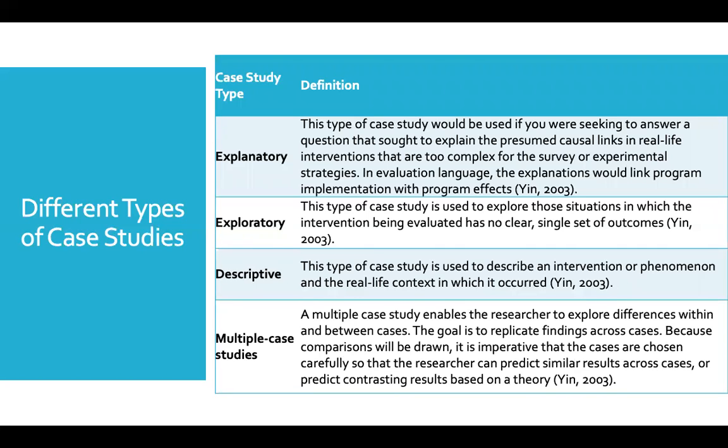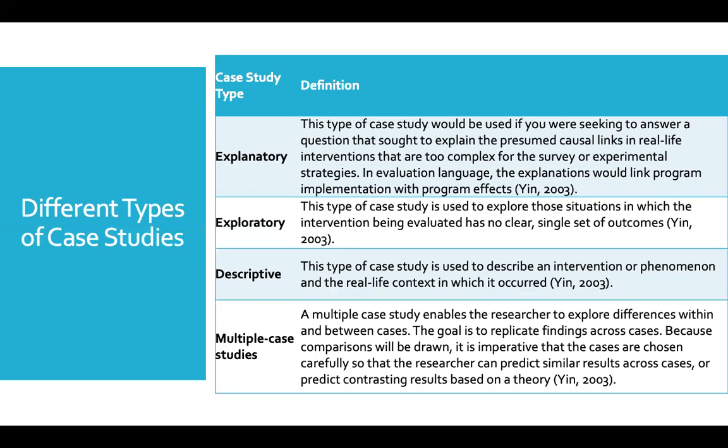So we're looking for answers. What are the causal links? And these interventions can be too complex, so we cannot make a survey, or we cannot make an experimental kind of research.